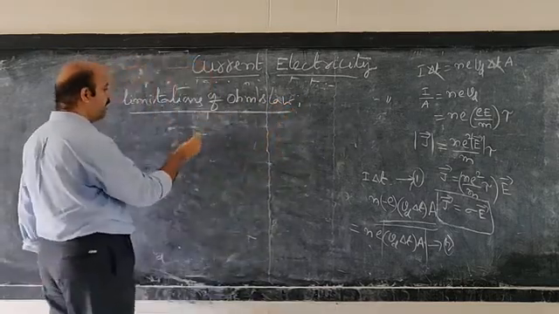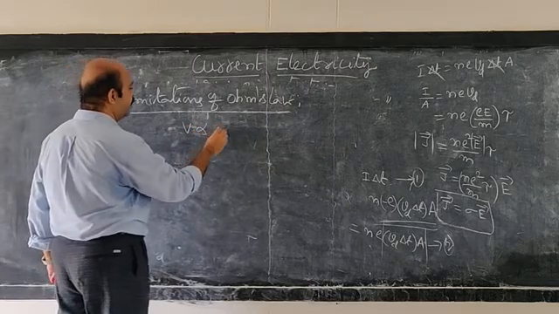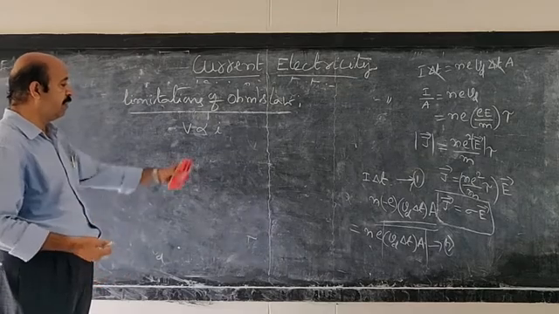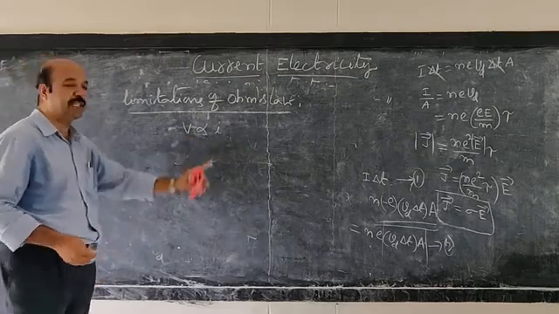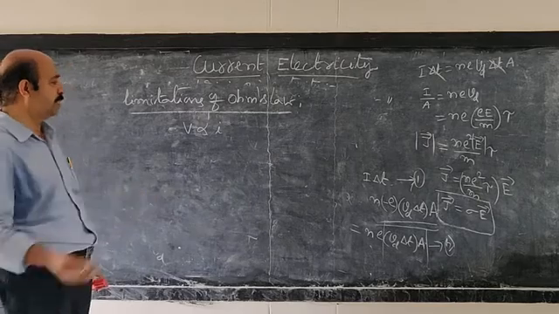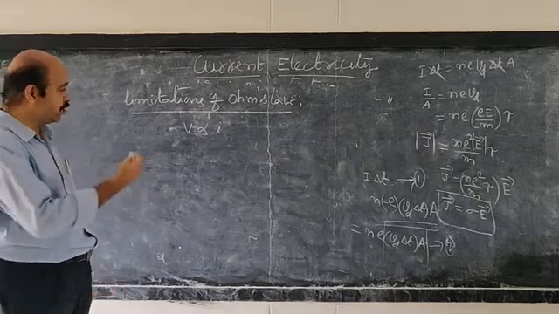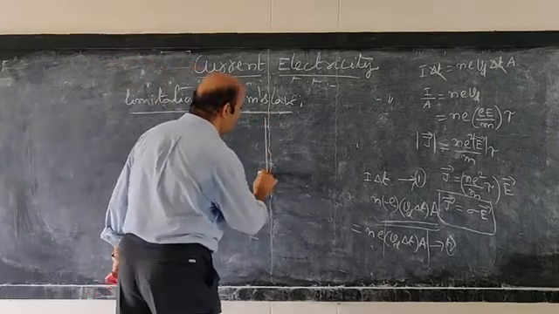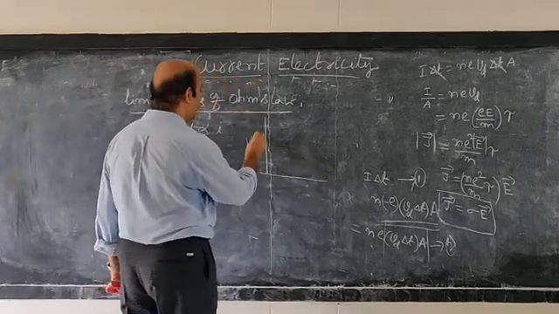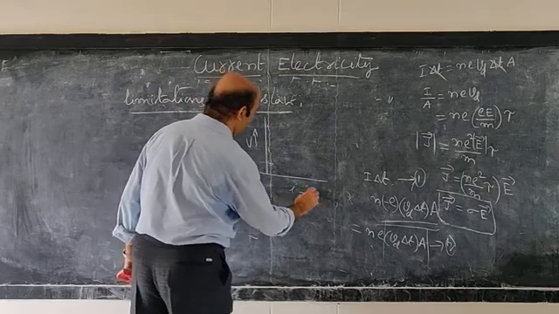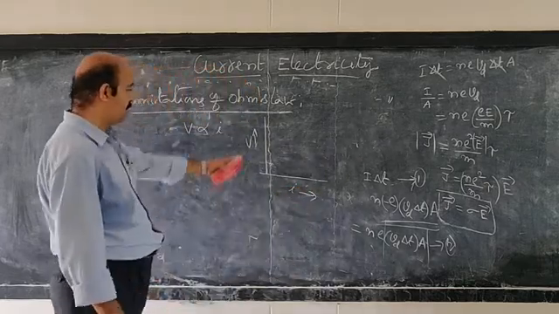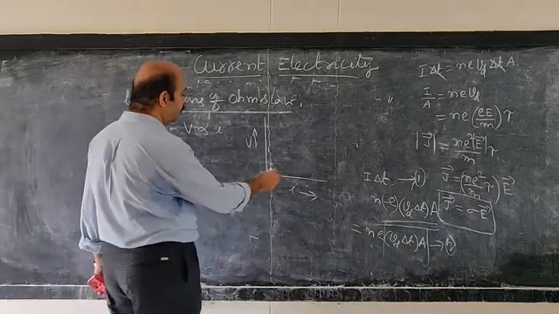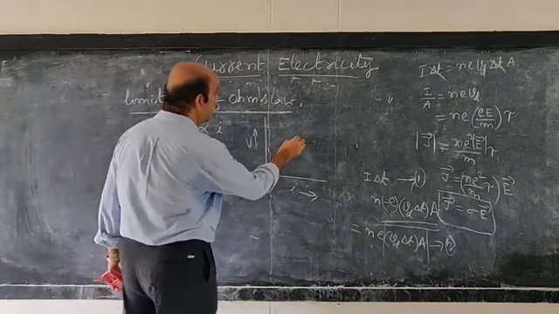See, Ohm's law simply says that V is proportional to I. So one must expect a straight line if a graph is drawn between voltage and current for any conductor. One must expect a straight line, but it is not always a straight line. Taking voltage and current on the y-axis and x-axis, in the case of a good conductor you may get a straight line.